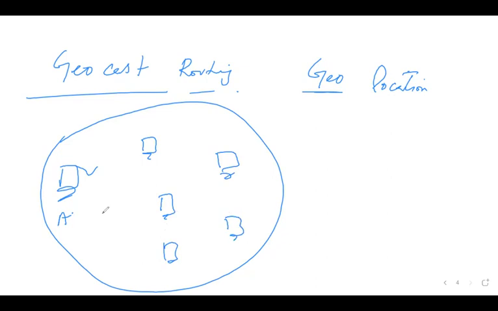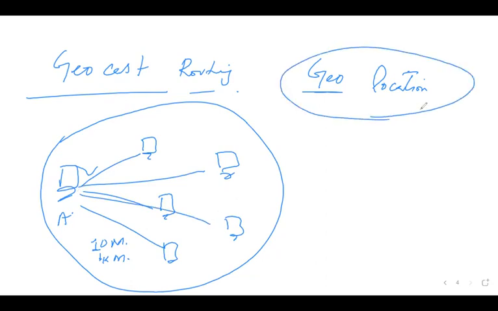For example, this area may be 10 meters or 1 kilometer. So all nodes inside that particular area, region, or geolocation will receive information. This is specifically based on the geography of these nodes, where a node resides, and based on that, it will get information from the source node.